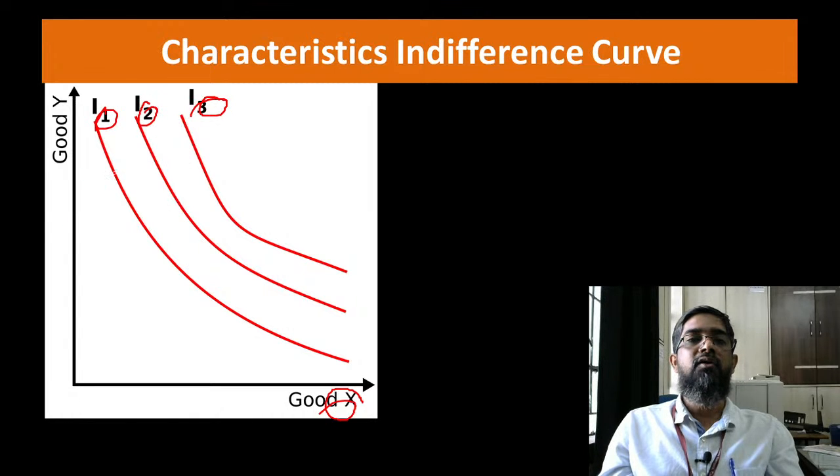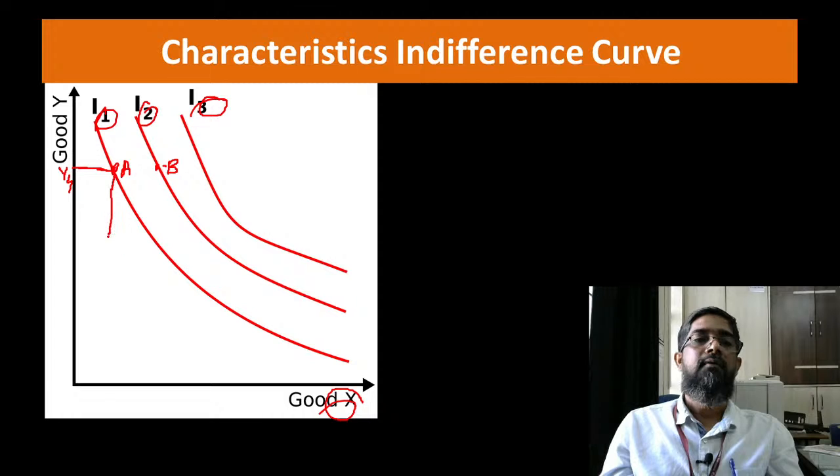See, if you are here, this is point A, and another point is B, say for example. At point A the satisfaction will be less than B. Why? I am showing you. This much of Y is there, say Y4, and if you extend down, this is X1.